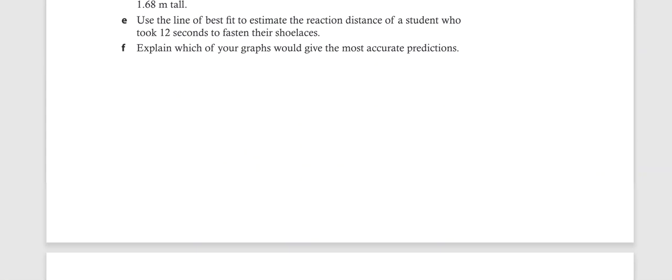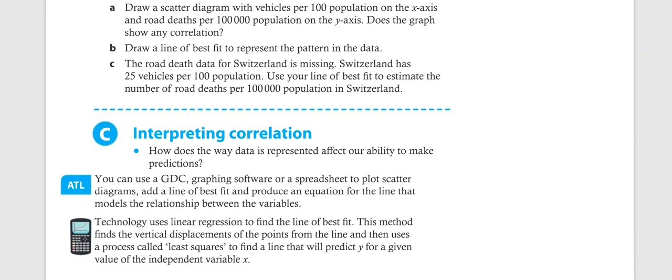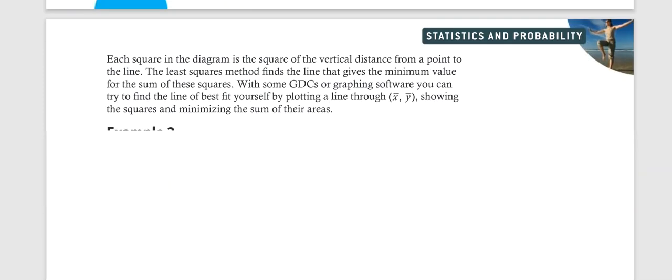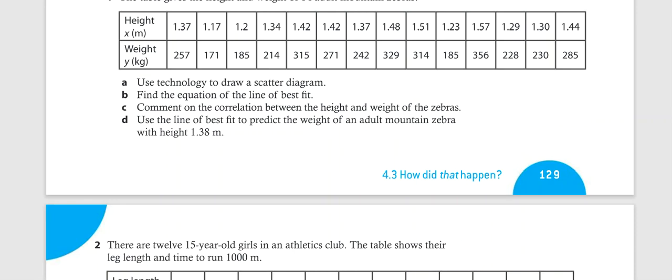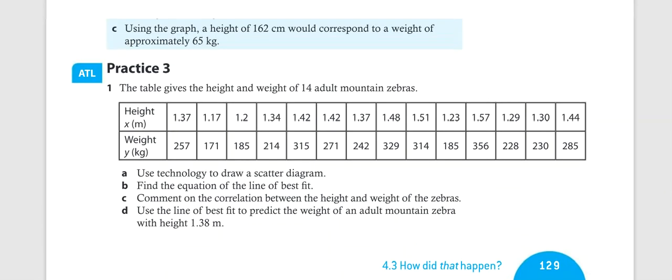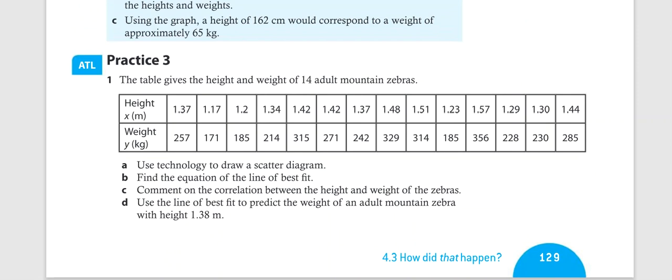So we've just done that question, but what you are going to be doing is all of this. So looking at page 129, practice 3, it says, use technology to draw your scatter diagram. You should be pretty sharp on that now. Find the equation of the line of best fit. Now, what I've not done is given you the computer doing the correct one for you.